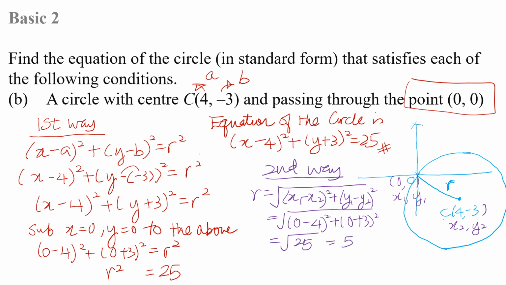So that means the radius is 5 units. Putting all this information into your equation of the circle, you would get (x minus 4) squared plus (y plus 3) squared equals r squared, which means you have to square your 5, that gives you 25. And you see that you get the same answer as the first way, right?